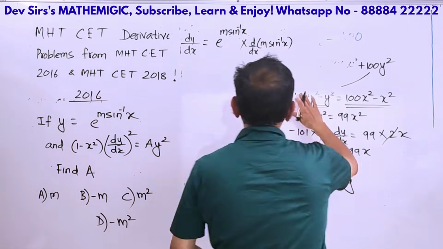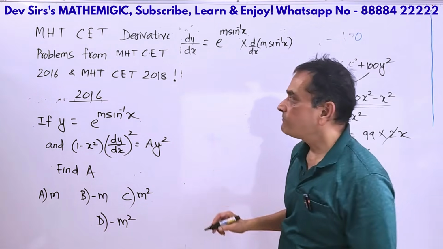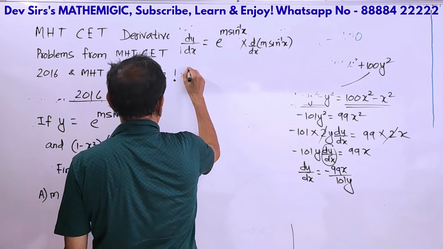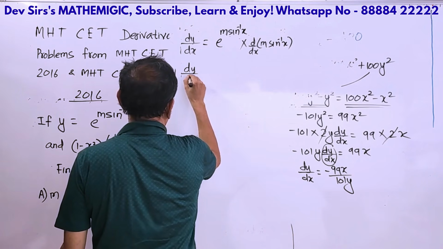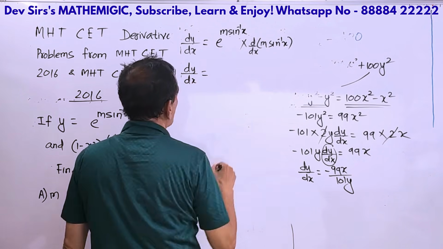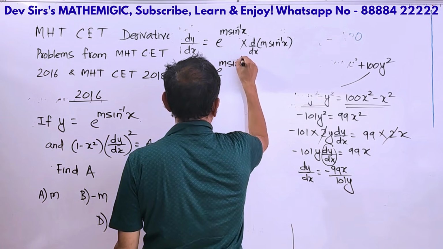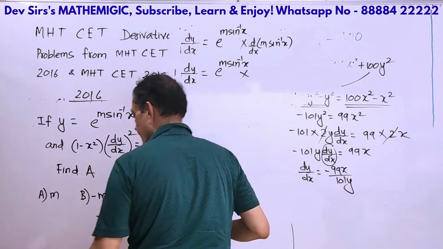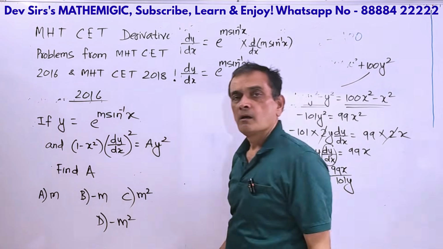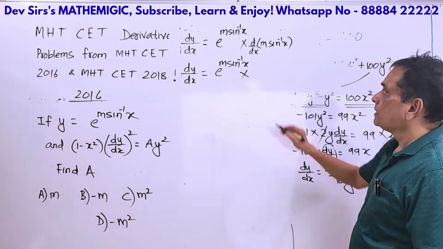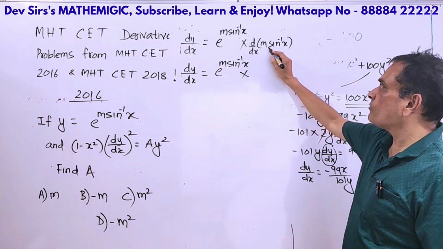All right. Now, so dy by dx is e raised to m sin inverse x. D by dx means derivative of m sin inverse x.